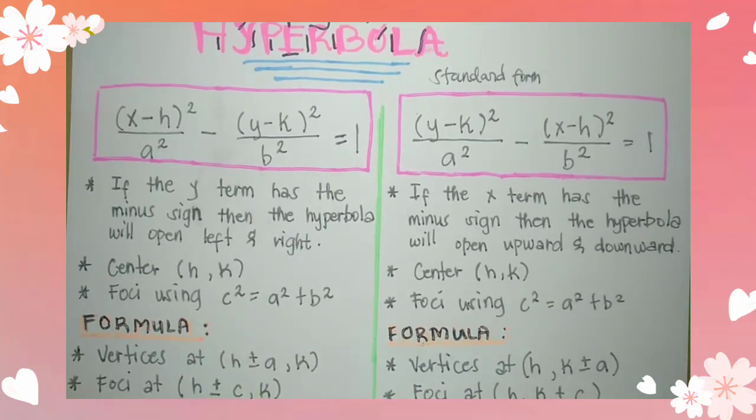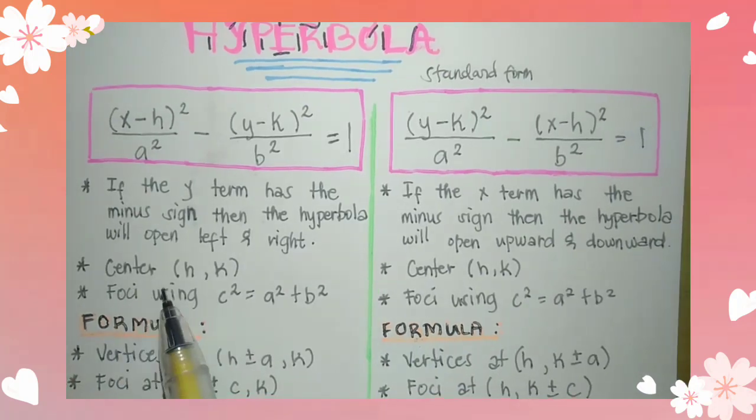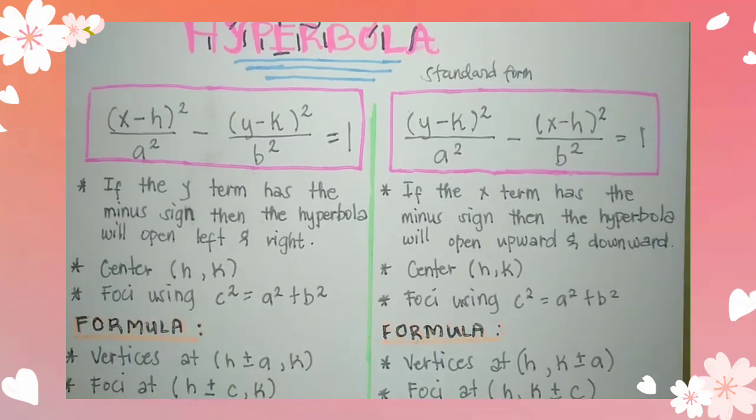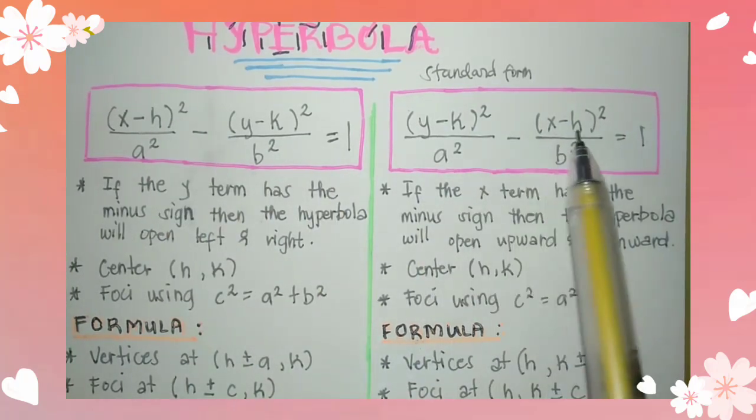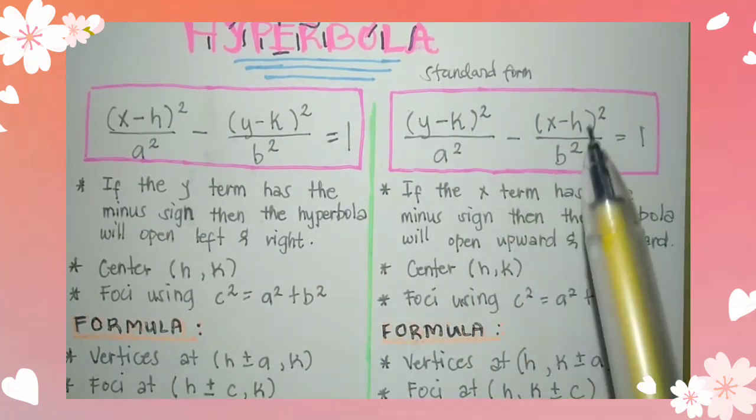Meaning to say, ang ating hyperbola opens left and right. Okay? Then, ang center natin, sa parabola, ang vertex natin is h and k. Dito naman sa hyperbola, center lang natin si h and k. Ito, dito natin kukuhain si center. Yan, h and k, h and k.